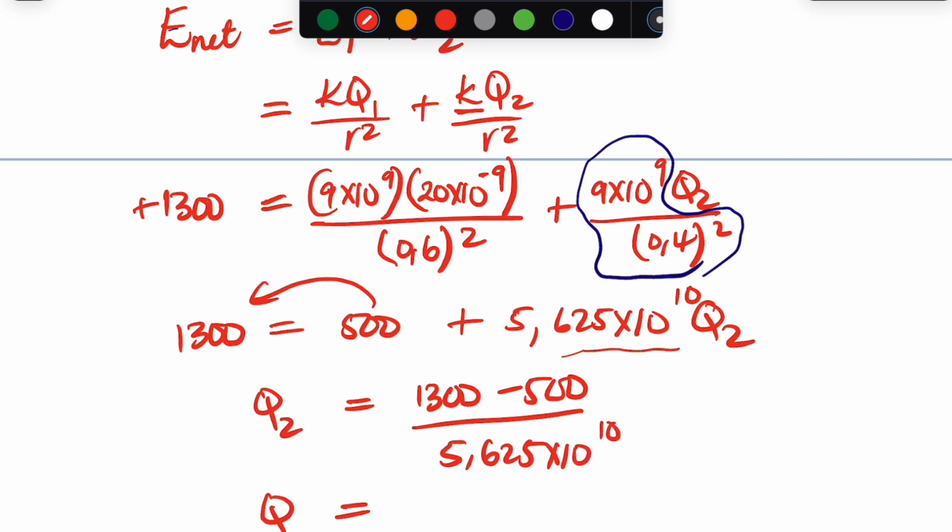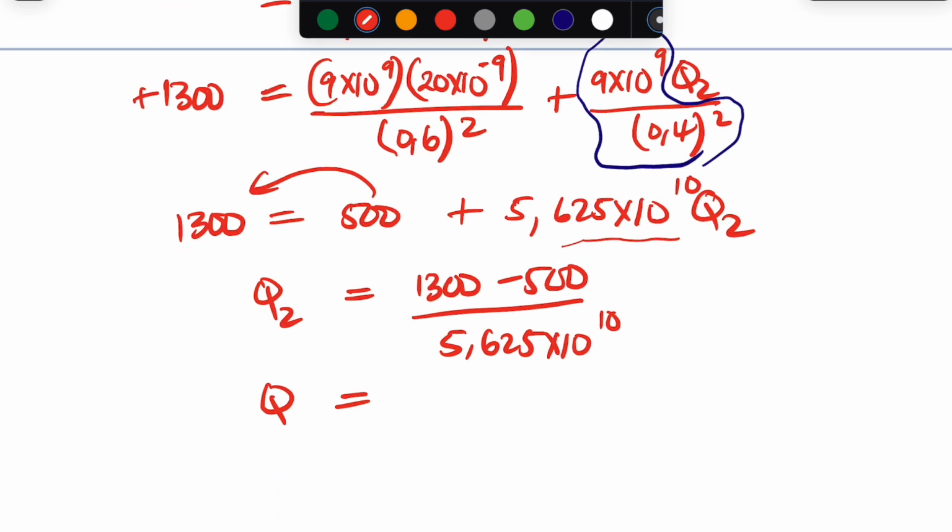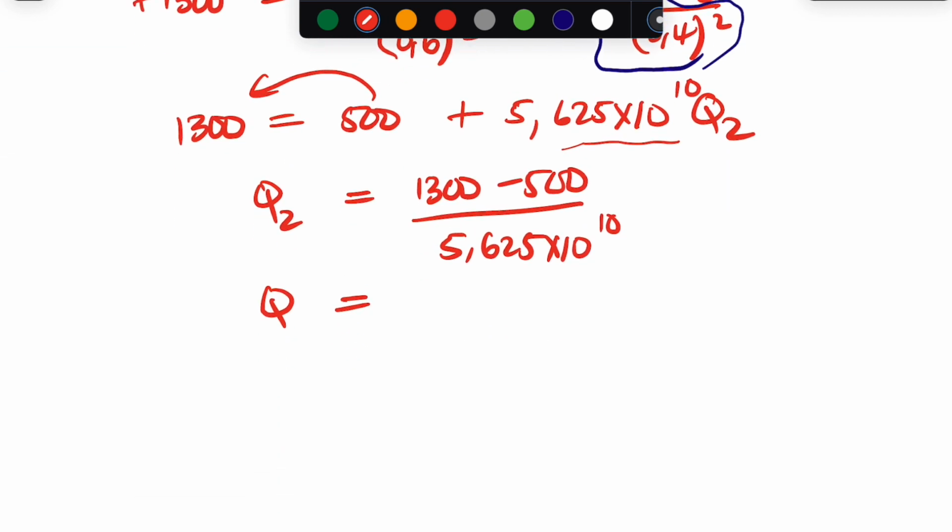When you punch that in the calculator, it's 1.42 times 10 to the power negative 8 coulombs.